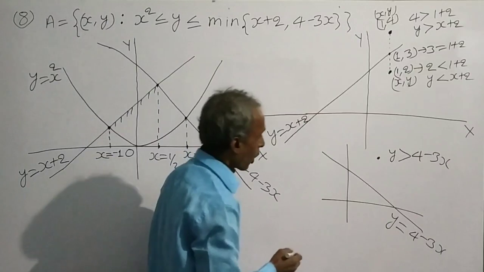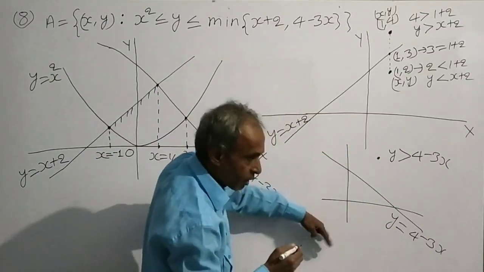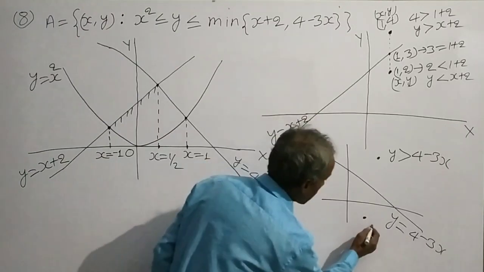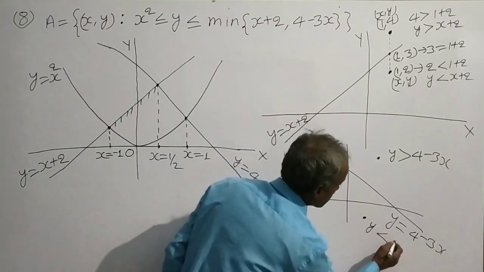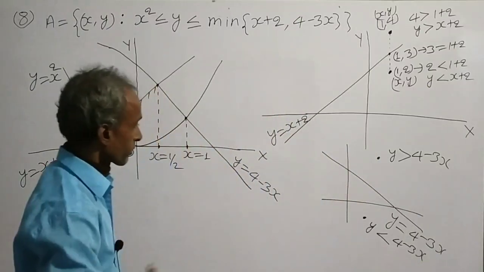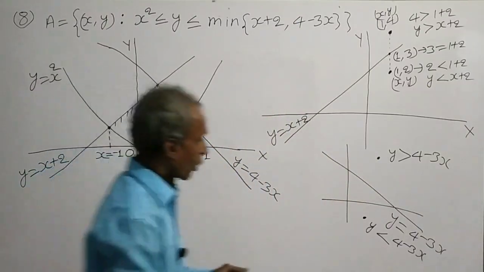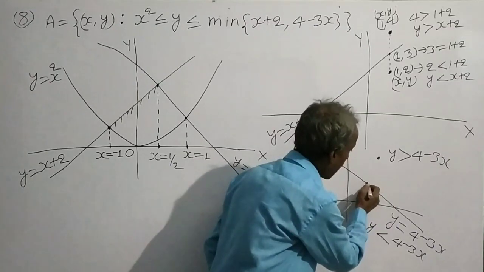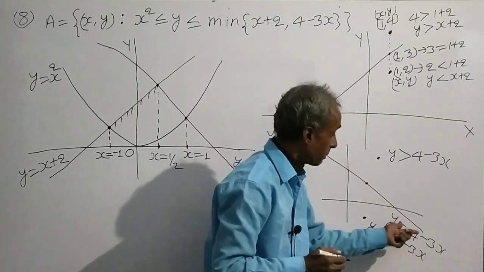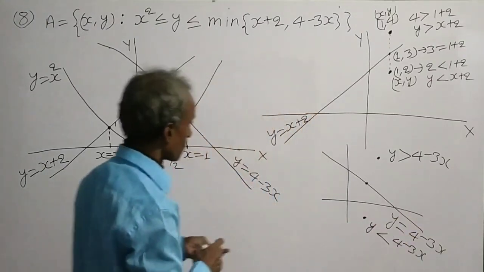For any point lying on this side of this straight line, the condition y less than 4 minus 3x will be satisfied. And for any point lying on this line, y is equal to 4 minus 3x will be satisfied.